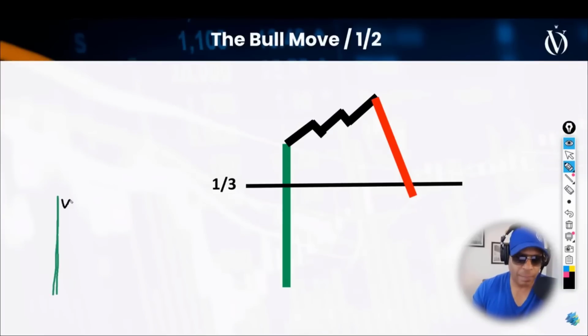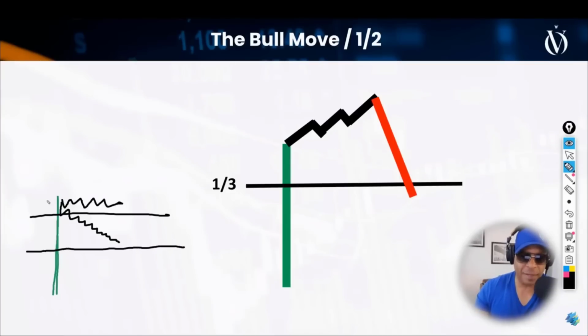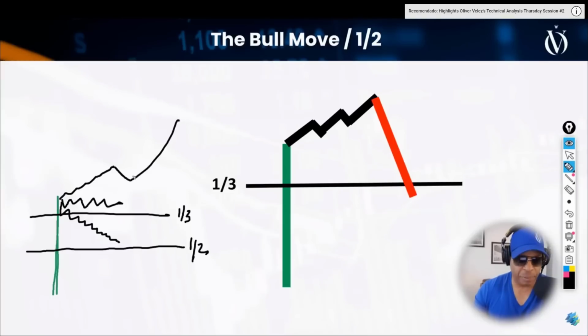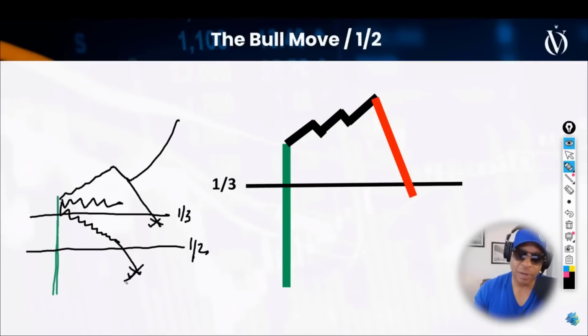Scenario 1, the sideways drift that maintains the top third, the downward drift that maintains the top half, the upward drift that also maintains the top third. Okay? This must maintain the top third to stay healthy. If we break, it's over. If we break, it's over. All right?